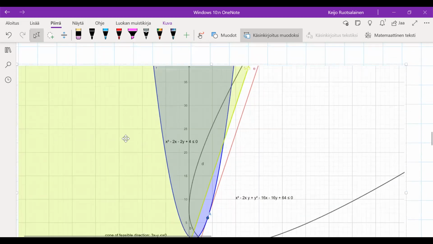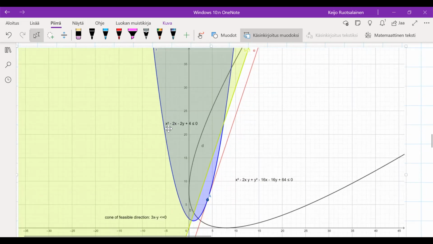Am I calculating correctly? Yes, minus 12 plus 4, it's minus 8. So it is 0. So this is really a point on the boundary of the parabola.